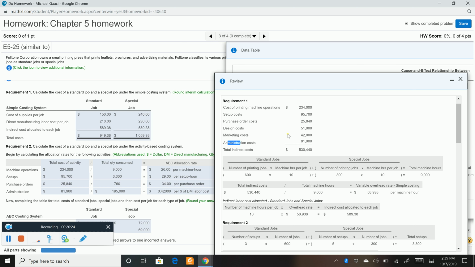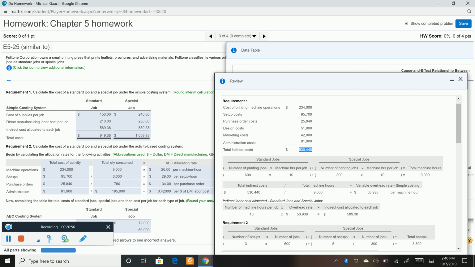So instead of having one predetermined overhead rate to allocate the grand total of the $530,000, we want to build 6 different cost drivers, and allocate costs individually for these 6 total numbers instead of the grand total number with one cost driver. So let's take them one by one.